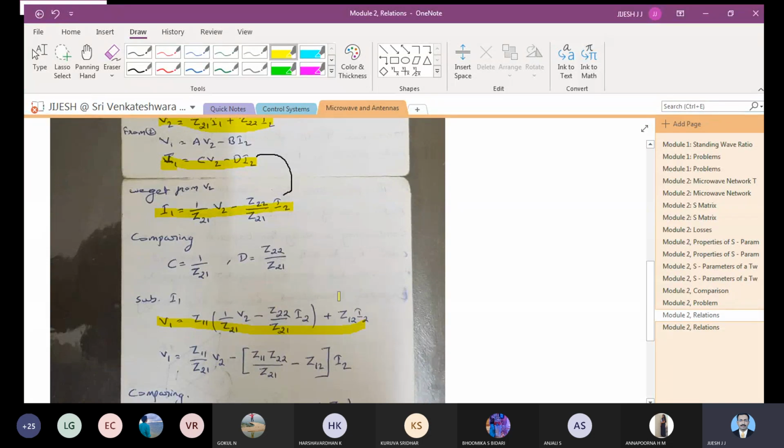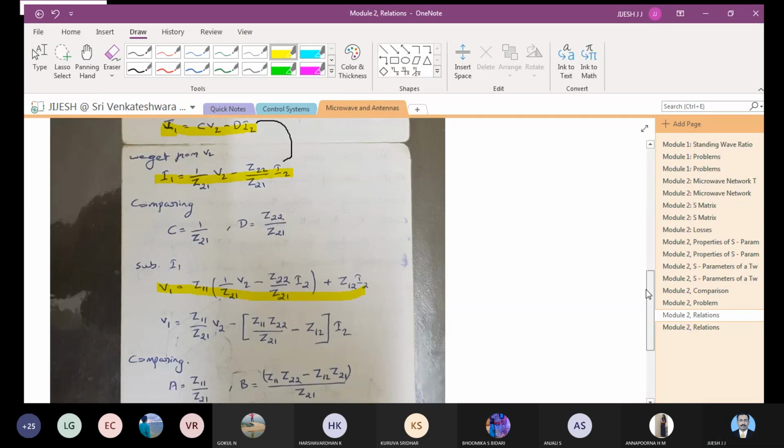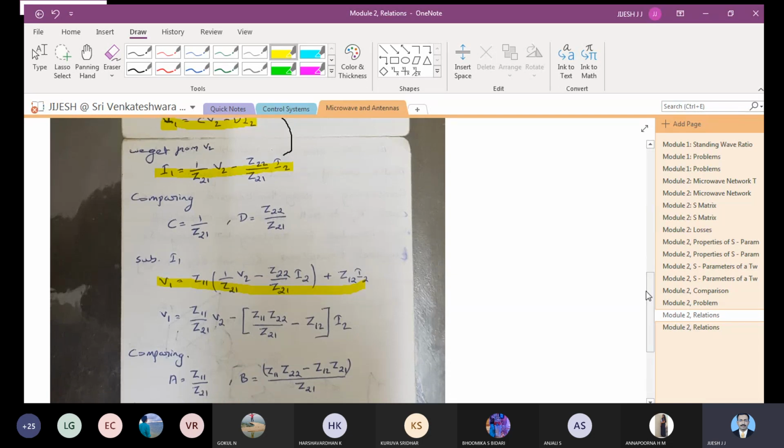We need to compare this equation with equation number 3. Both are V1, V1 and V2, V2 and I2, I2. So you will get A and B. Write down A and B. All of you got A and B? Is that clear for you?